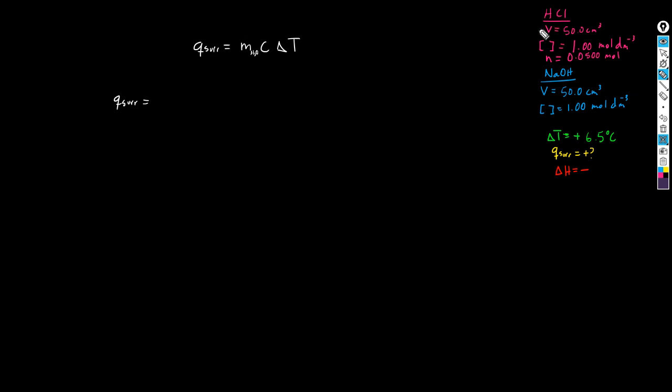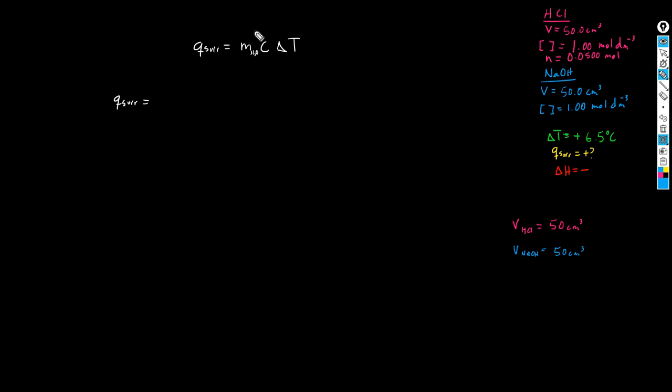So when we look at these two solutions and we have 50 cubic centimeters, the volume of the HCl is 50 cubic centimeters, and the volume of the NaOH is 50 cubic centimeters.